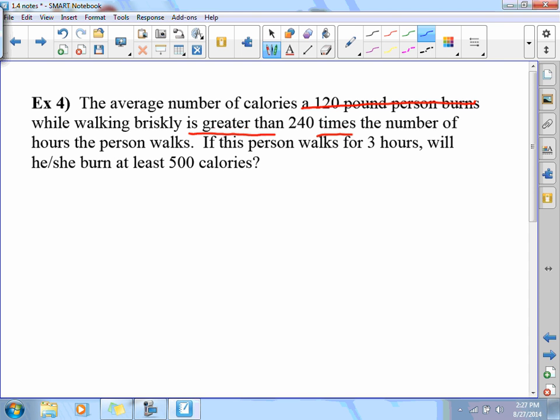So the average number of calories a person burns. So I'm just going to say, okay, this piece of information, the average number, I'm going to call that N. So that's the number of calories that they burn while they're walking briskly. And then I have is greater than. So I'm going to use that greater than symbol. 240, that's a number that I need to use because it's 240 times the number of hours.